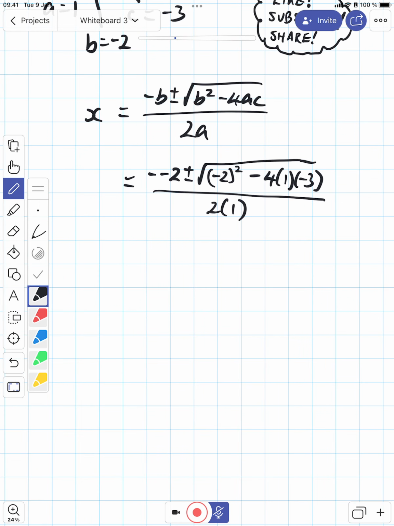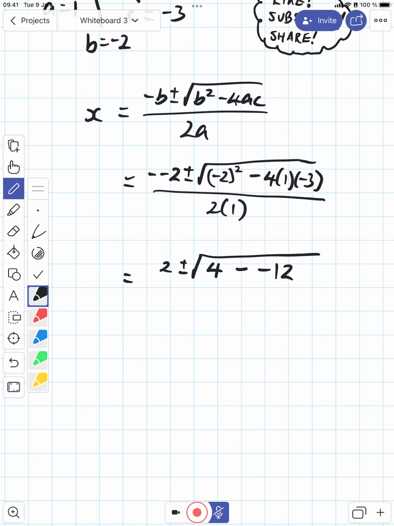Yeah. So I've got minus minus 2, which is just the same as 2, plus or minus the square root of, I've got minus 2 squared, so that's minus 2 times minus 2, which makes plus 4, minus, and then I've got 4 times 1 times minus 3, which is minus 12.